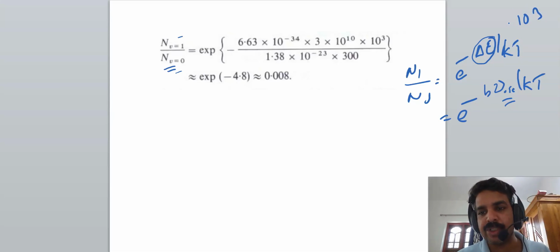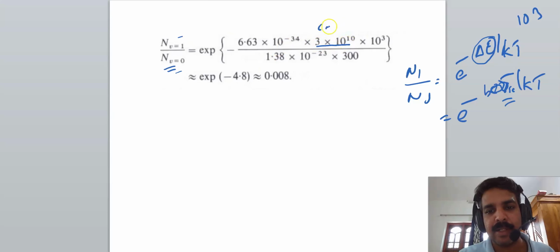By substituting these values, we get e raised to minus 6.63 into 10 raised to minus 34. This is h c nu bar. We are writing in terms of wave number, so it is h c nu bar. So c is 3 into 10 raised to 10 centimeter per second, velocity of light, into nu bar oscillation equal to 10 raised to 3.